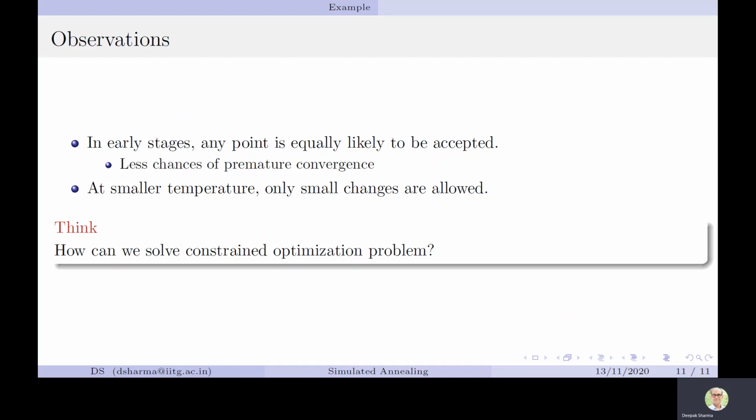That will help the algorithm not to get stuck in the local optimum. It will again search for another optimum. So there is less chance of premature convergence.